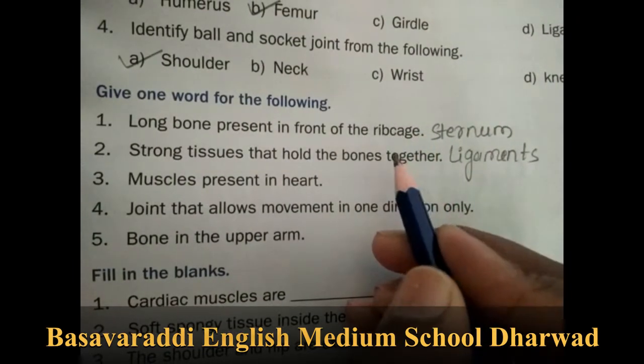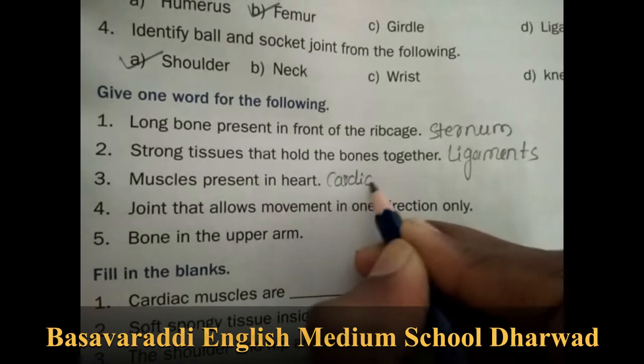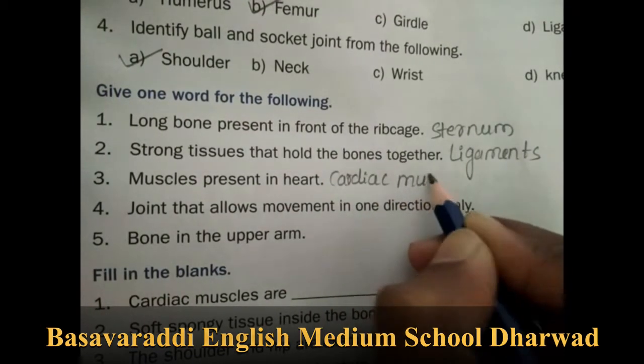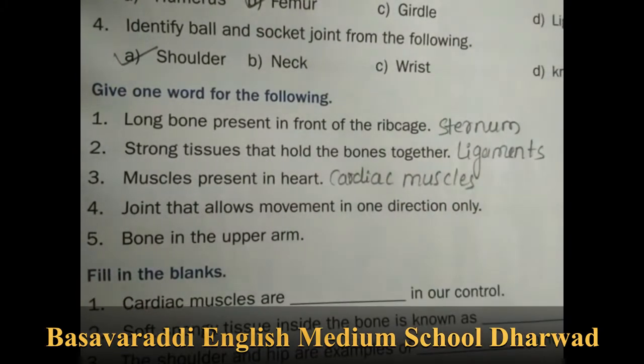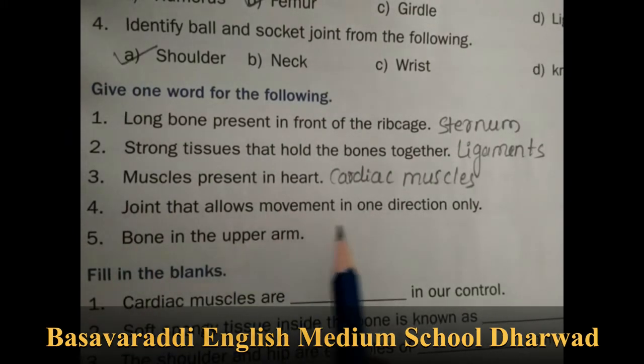That is cardiac muscles. Cardiac muscles. Fourth one, joint that allows movement in one direction only.